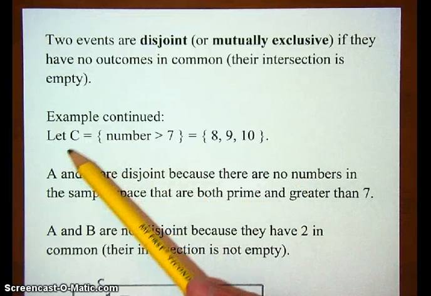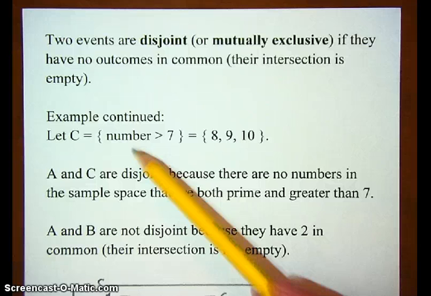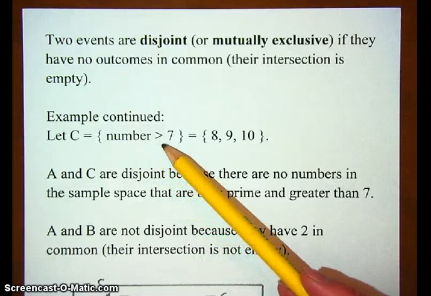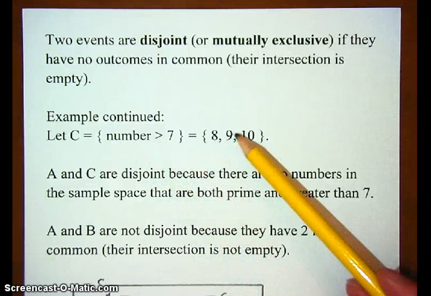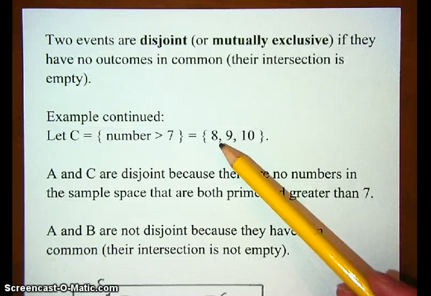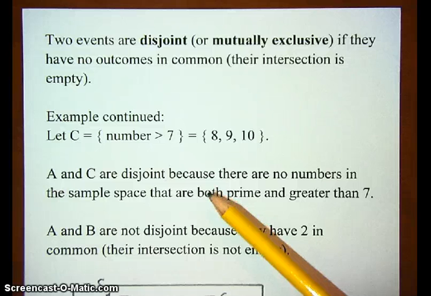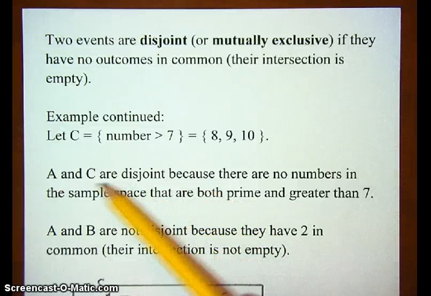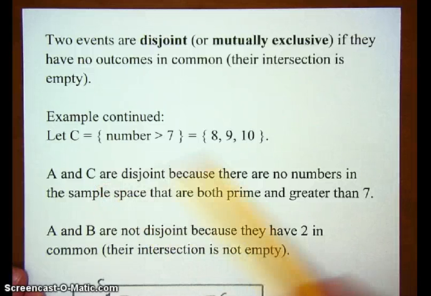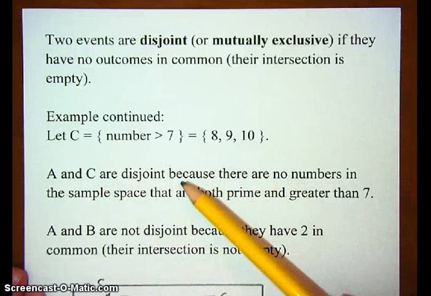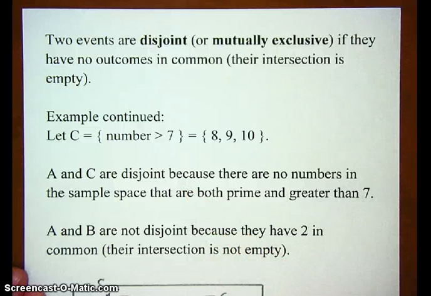Here's an example. We have event C where we draw a number that is greater than 7 from our sample space from before. That would contain these outcomes 8, 9, and 10. Event A, which contains the prime numbers, and event C, which contains these three numbers, are disjoint events because there are no numbers in the sample space that are both prime and greater than 7.